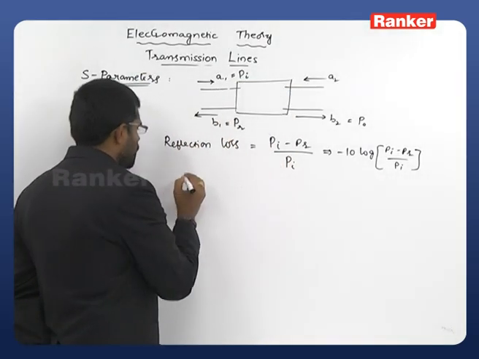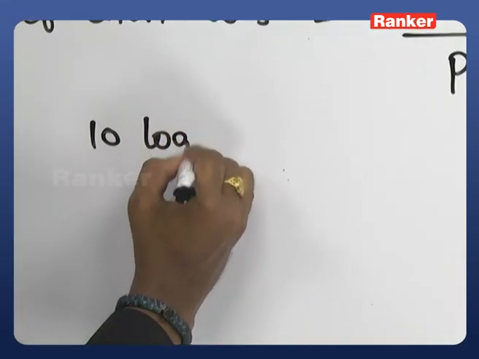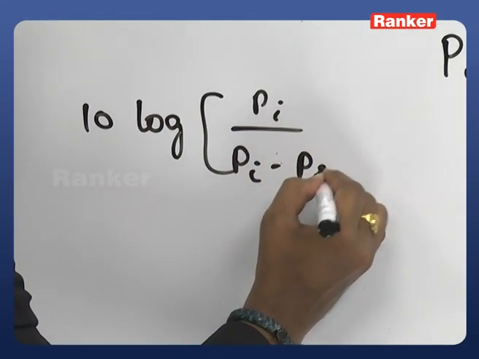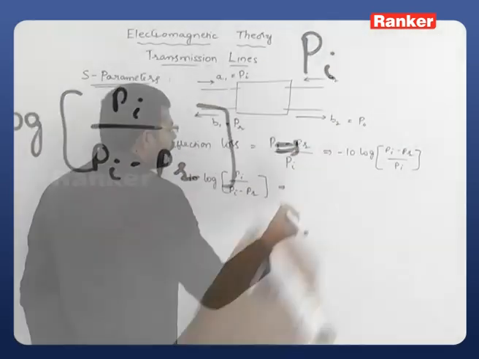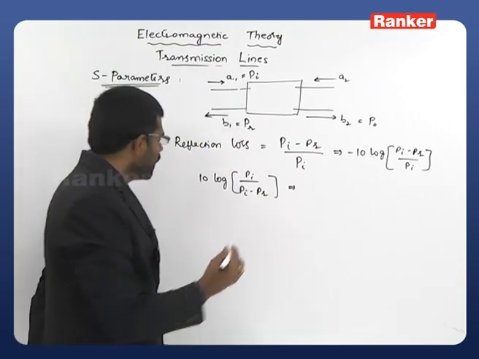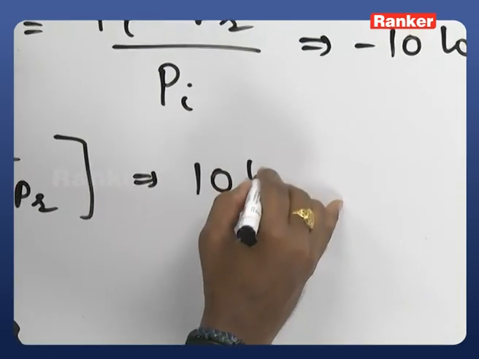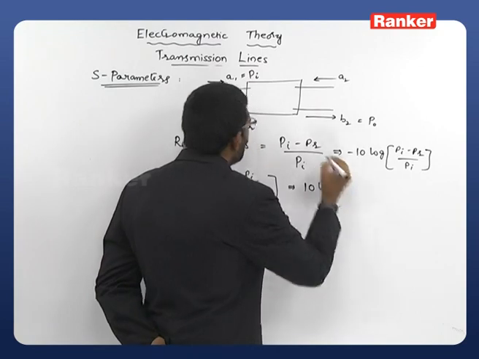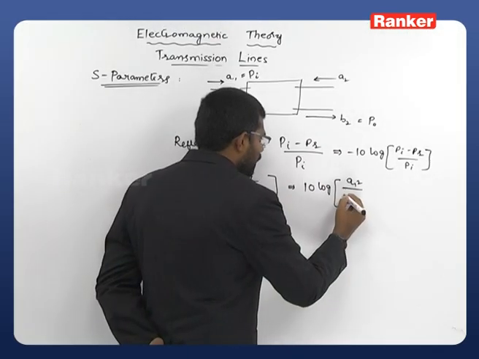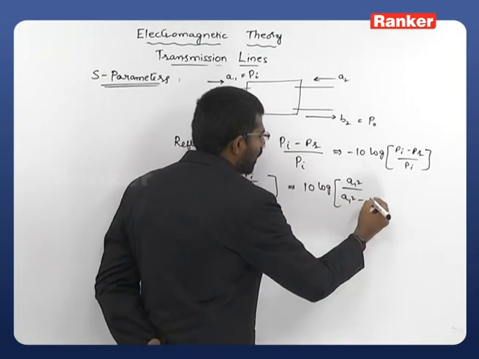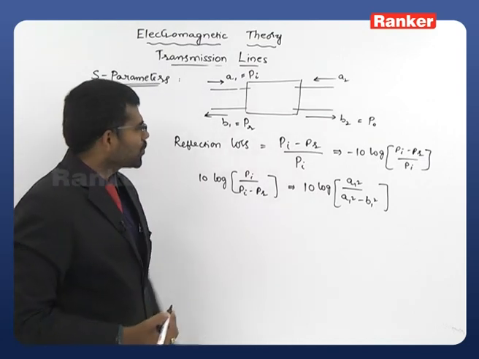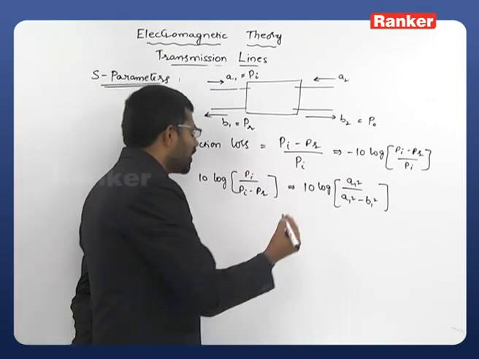So directly I am applying minus 10 log (Pi minus PR) divided by Pi. Now rearrange this equation, then what you will get is 10 log Pi divided by (Pi minus PR). Now I will write down all the powers in terms of our coefficients A and B, which is nothing but 10 log, incident power Pi is A1 square, divided by Pi, A1 square, minus PR, which is B1 square. Now just take A1 square common from both numerator and denominator.